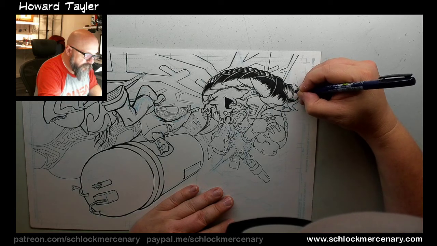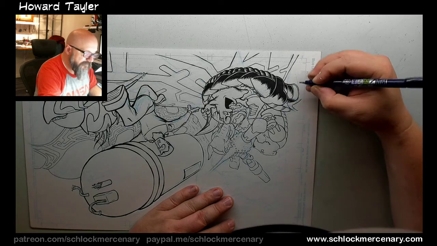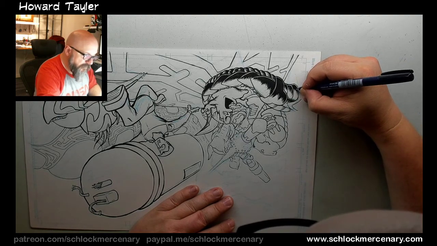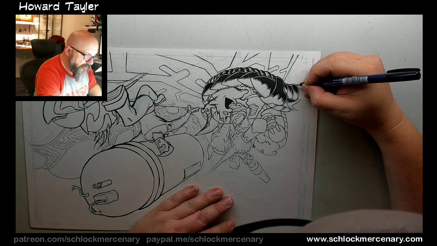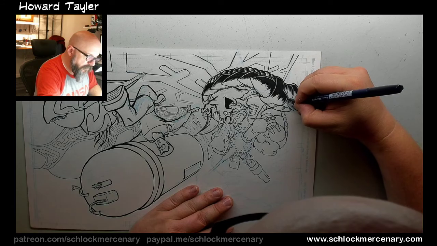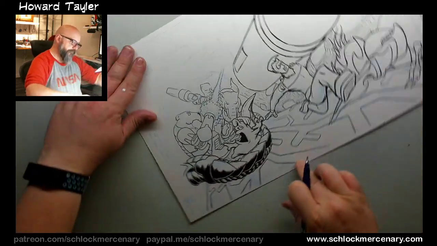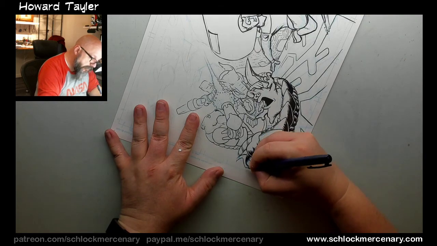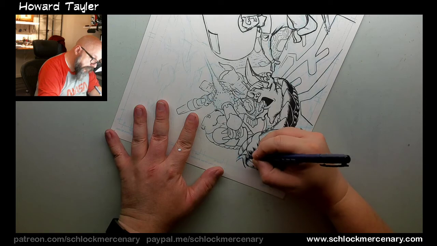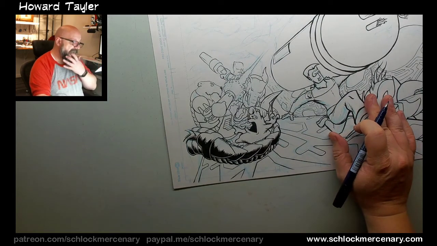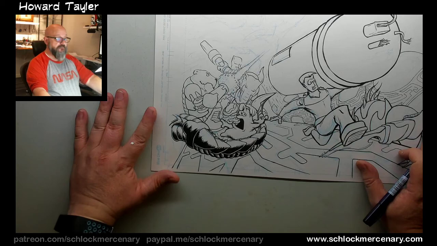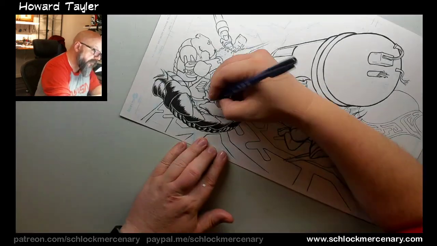From this angle, I just don't think I will get the curves right. I think I'm going to screw this right up. Looks like it worked. Looks like I got away with it. Yay. Damn. I'm digging it. I am legit really digging it.